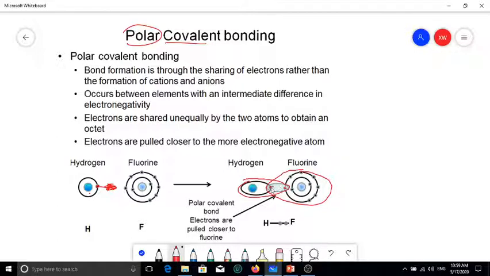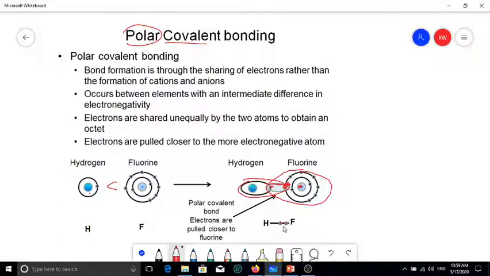But the 2 shared electrons, which are also represented by a dashed line between hydrogen and fluorine, are going to be pulled closer to the nucleus of the fluorine, because we already said that fluorine has higher electronegativity than hydrogen. So it will look like the 2 shared electrons are closer to the fluorine nucleus.